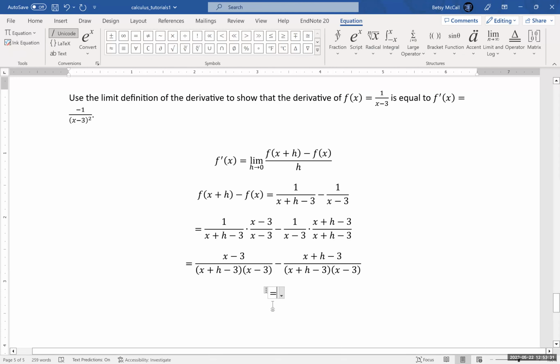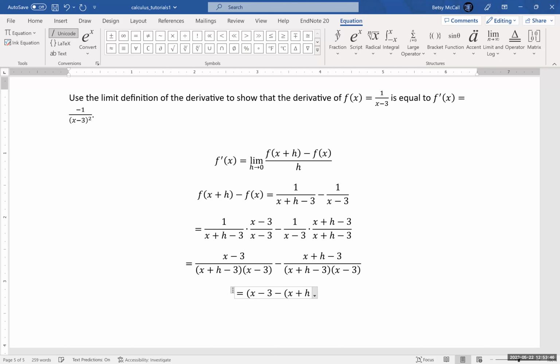And then we're going to end up with, again, be careful of the parentheses here. x minus 3, good, minus, but then when you're subtracting a fraction, you're subtracting every term in the numerator, so you need that extra set of parentheses, which we will then simplify later.